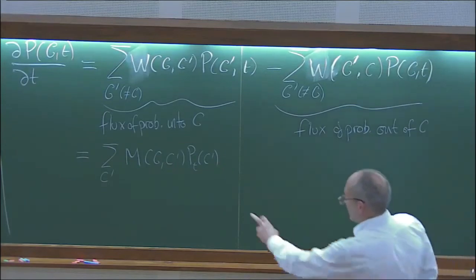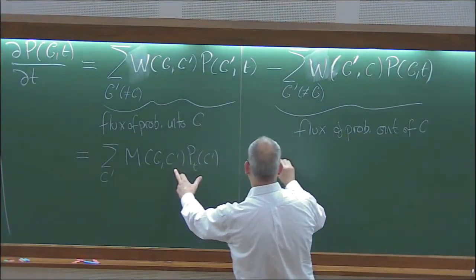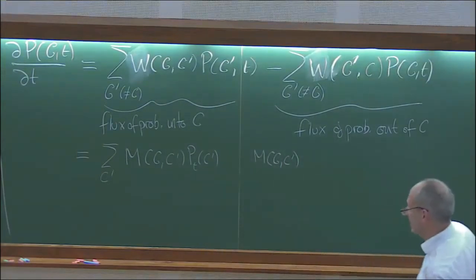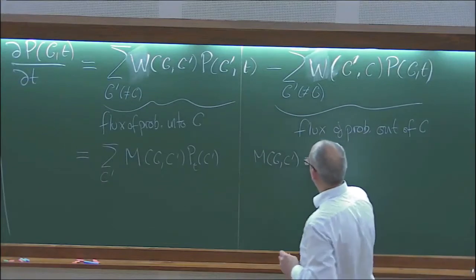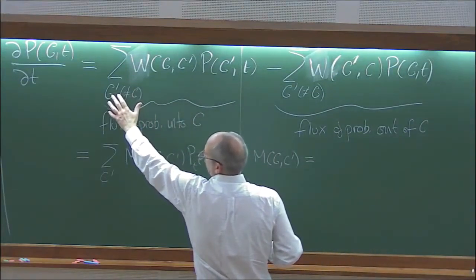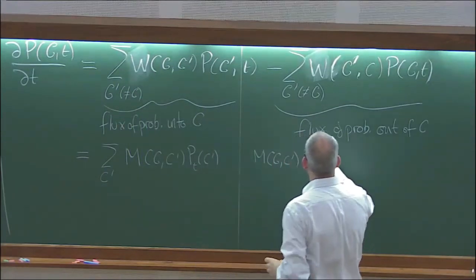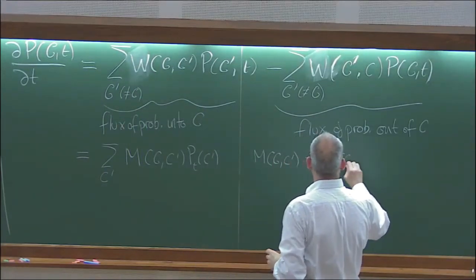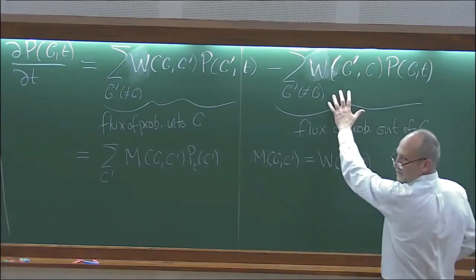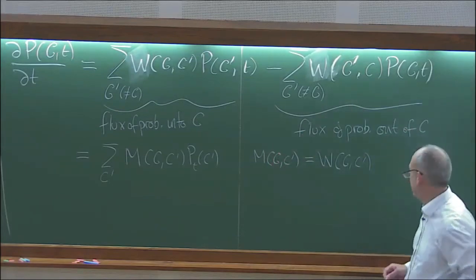And what is this M? So M is a matrix called the Markov matrix. And basically when we're off diagonal, when C and C primed are not equal, it's just W. Then we put all this stuff into the diagonal of M.